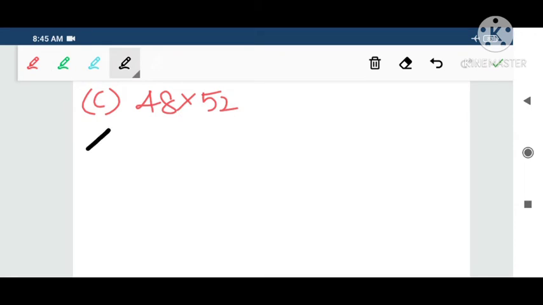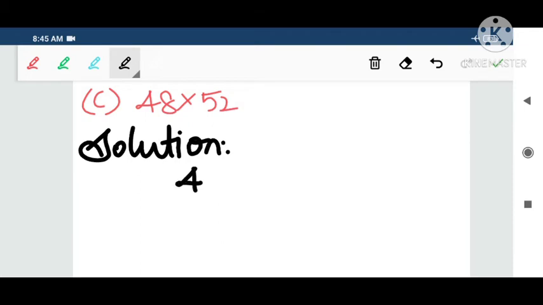Solution: first I take 48 and 52 separately. 48 into 52 is the question. 48 is nearer to 50, and it is less than 50.